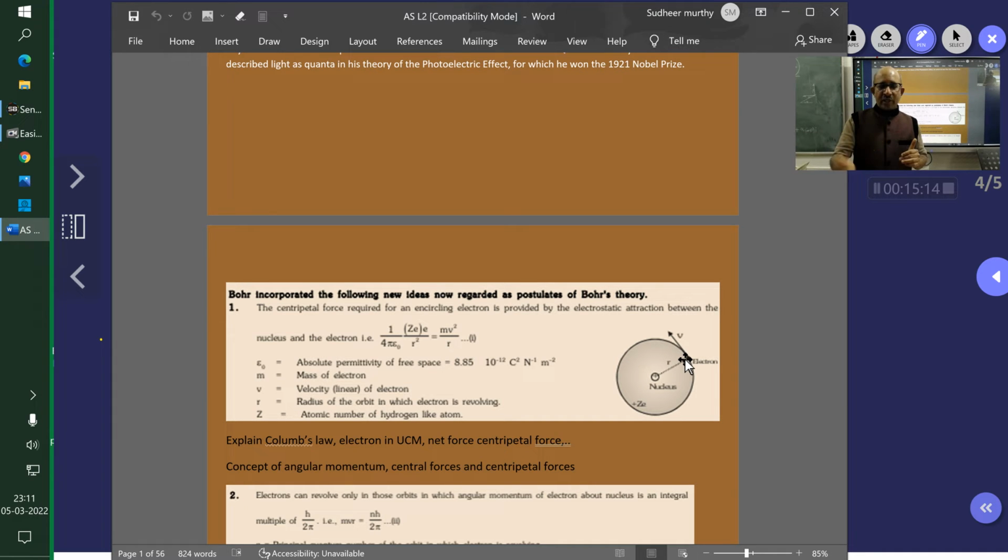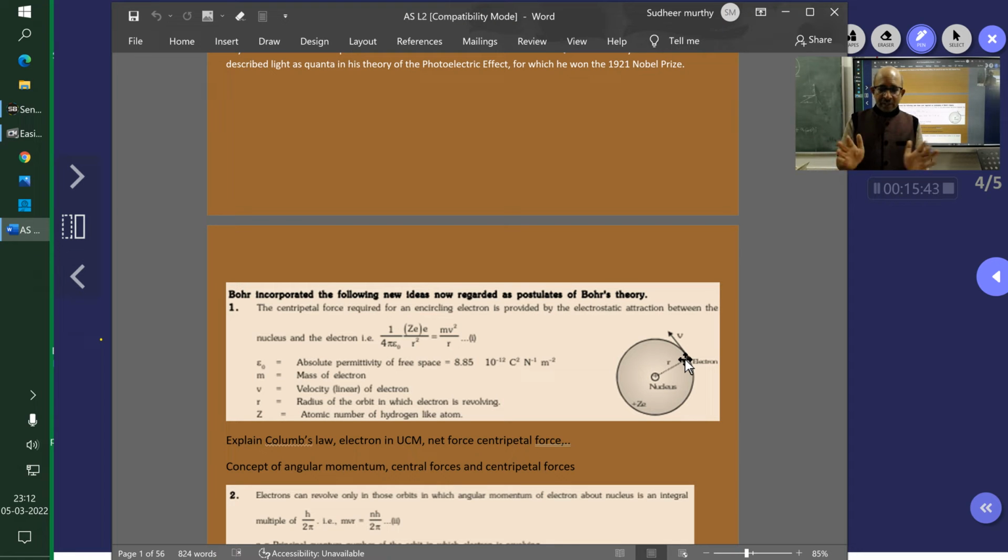Further, this theory got refined, and ultimately what we are learning in the next few sections is Schrodinger's wave function. According to that function, the electron exists around the nucleus. That's all. Whether it is moving in a circle or otherwise, only the Schrodinger wave equation can tell something about it.